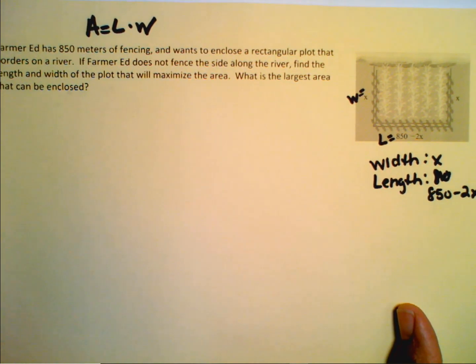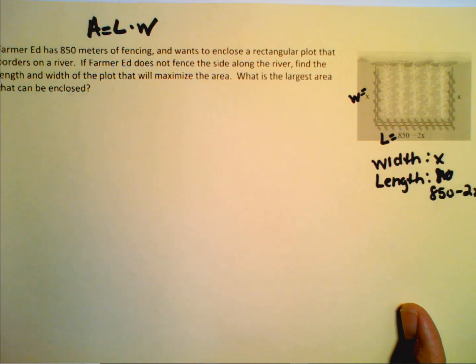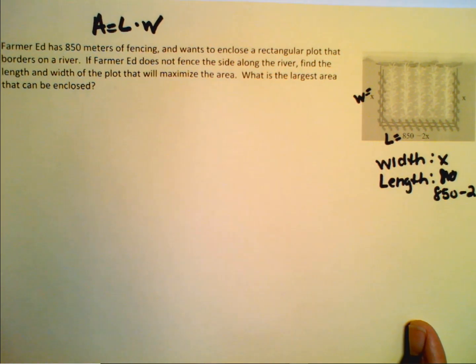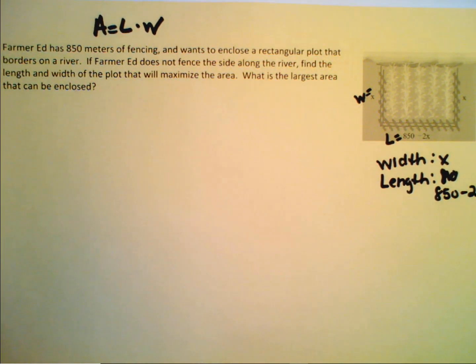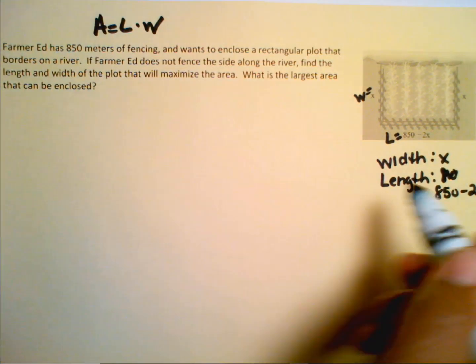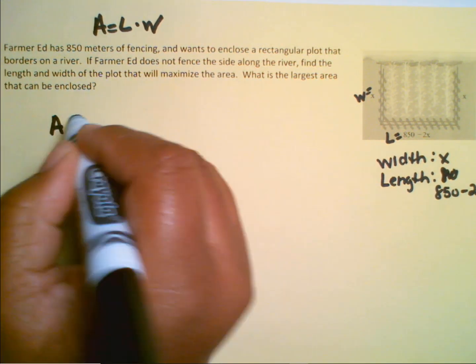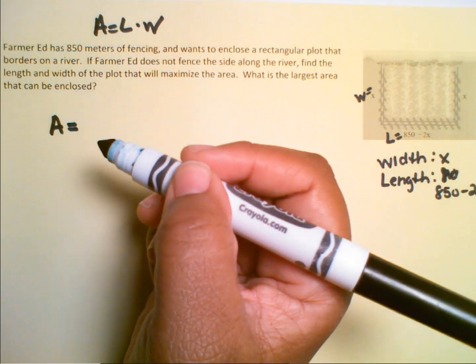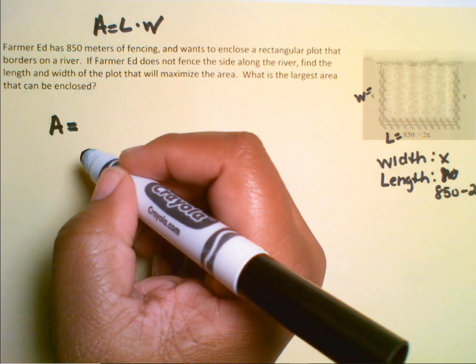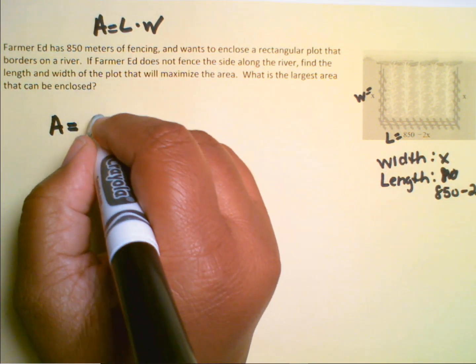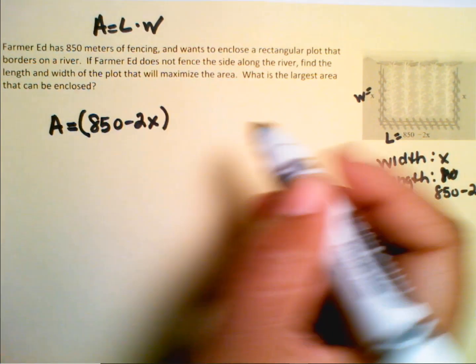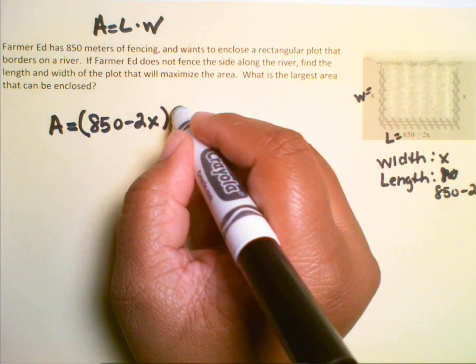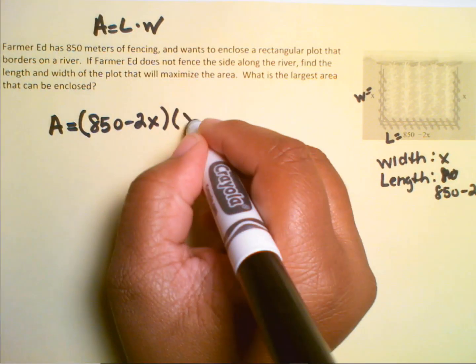Let's set up this equation. Putting those together, we have A, the area, is equal to the length, 850 minus 2x, times the width, which is x.